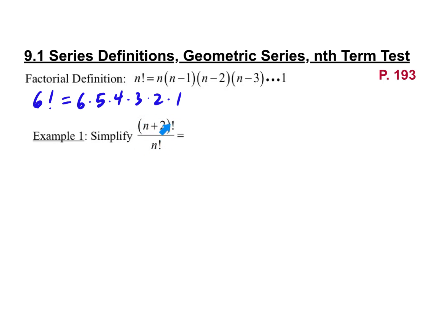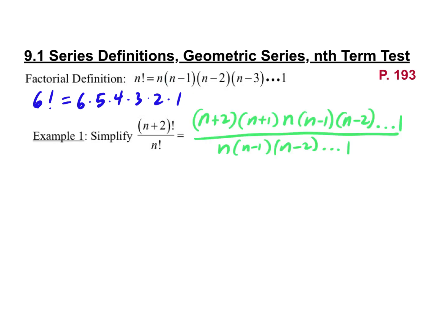And again, keep in mind that the factorial means you just always multiply this first number by a number 1 less than it, and you work your way down. And so this expansion would look like this, okay? And you can write out as many terms as you want. You don't necessarily have to write them all out. And you'll see why in a second where you know to end, okay?